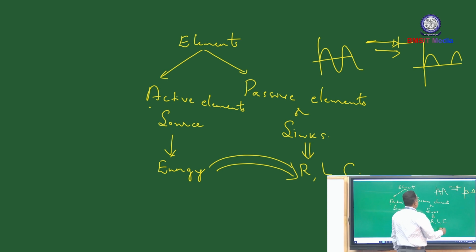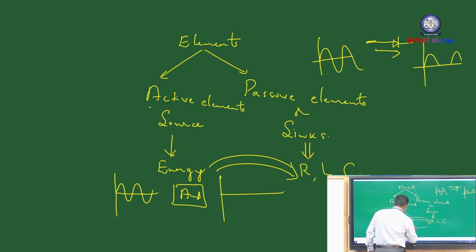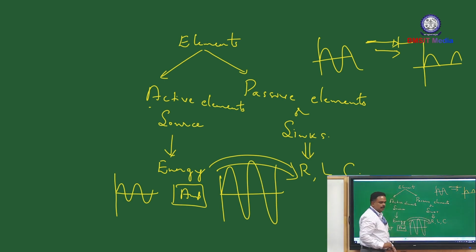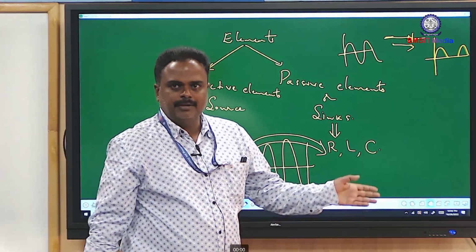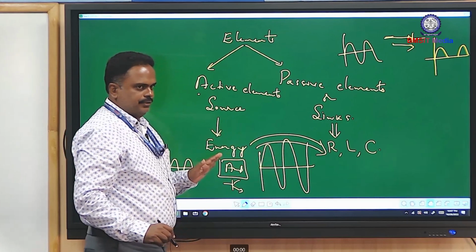If you have an amplifier and pass a weak signal through it, at the output you will get a strengthened signal, whose amplitude is increased by many times. Active amplifiers mainly consist of transistors. They are also an example for active elements because here the characteristic of the signal is changed.